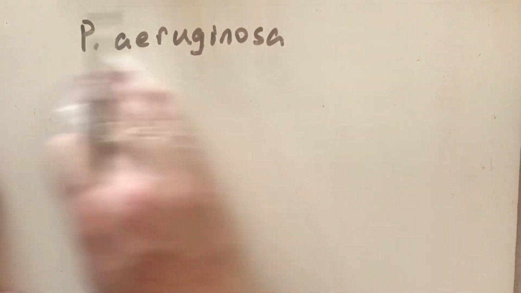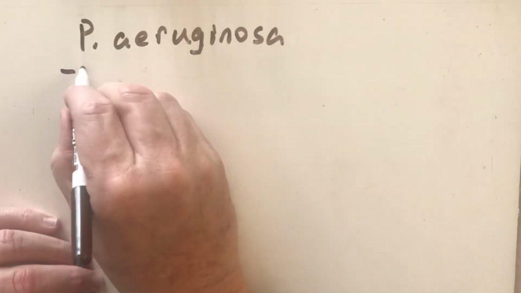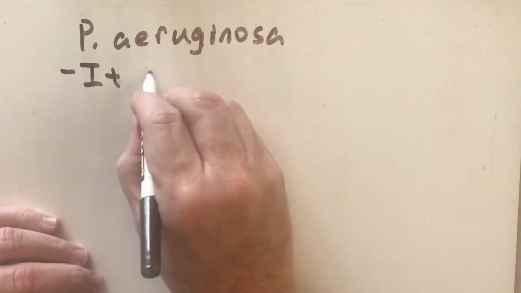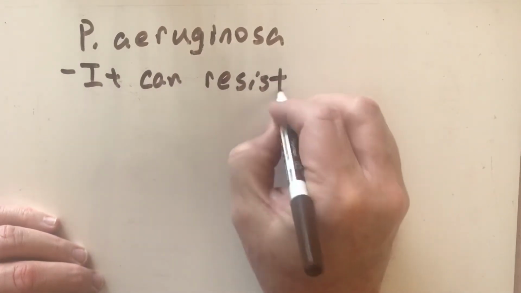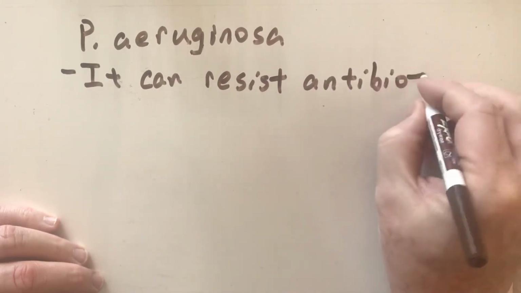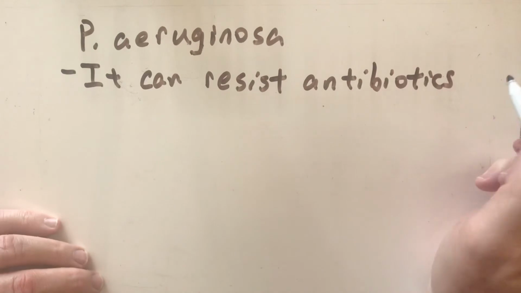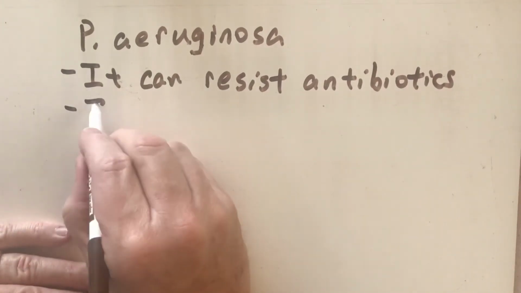Same with here. If my disinfectants get diluted, this can also resist antibiotics. So it's in the body, you give somebody antibiotics, and this becomes a problem. It can release endotoxins or exotoxins.